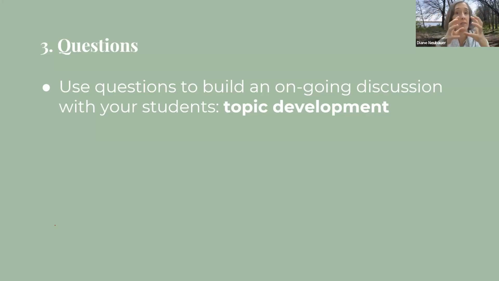Maybe it's a sentence, maybe it's a phrase, but you're asking lots of different kinds of questions. That's one way to think about questions. I'm thinking a little bit differently about it. I'm thinking about using a variety of kinds of questions to build an ongoing discussion with your students. I'll call that topic development.